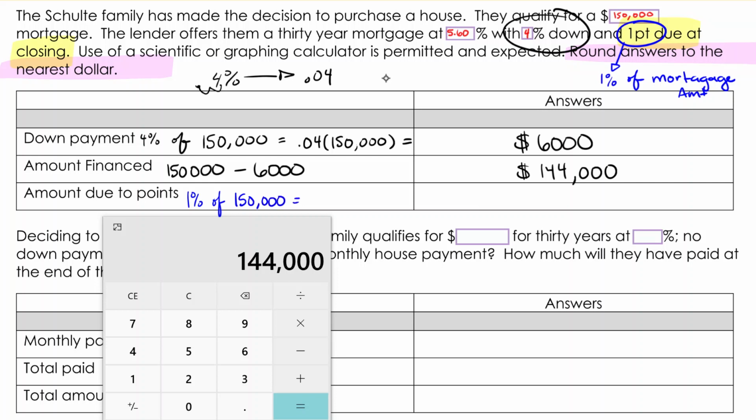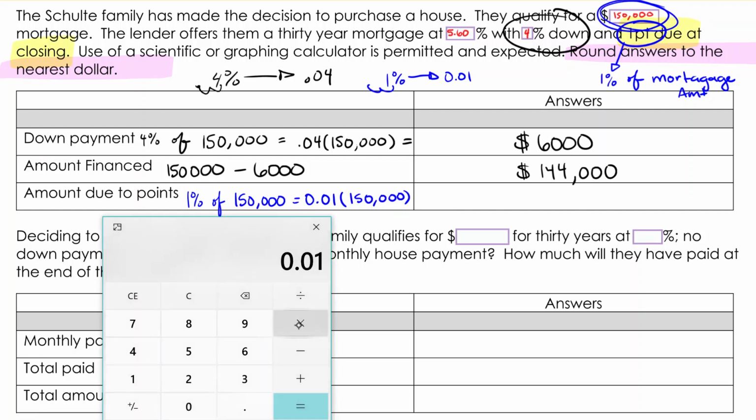Now we know to find a percentage of a number, we take the percent, change it into a decimal by moving the decimal place twice, and then we multiply that number by the mortgage. And one thing that y'all will want to watch out for here is we multiply by the mortgage amount, not the amount financed. So it's 0.01 times 150,000, and there's going to be $1,500 due to points. And that's all you would need to do for this first section, okay?